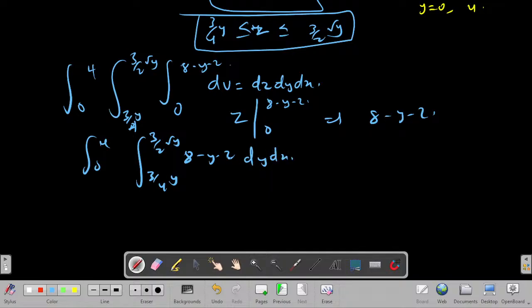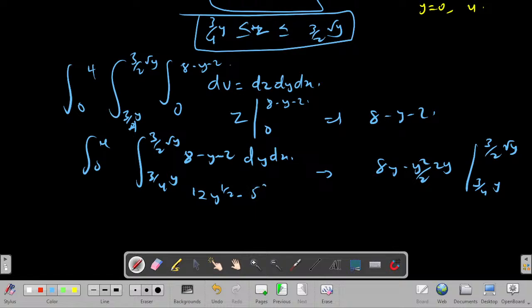At this point, I integrate with respect to y, and that will give me what? 8y minus y squared on 2 dy from 3 over 4y to 3 over 2 root y. When you put this inside, you are supposed to get 12y to the power 1 over 2 minus 57 on 8y.